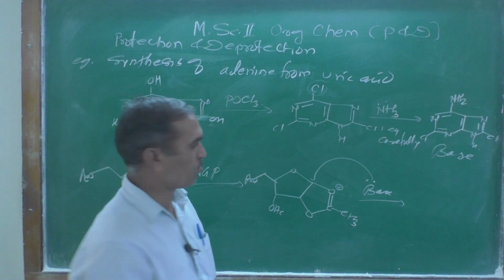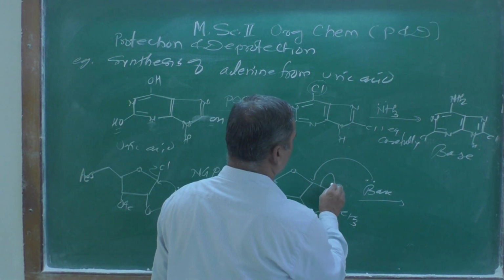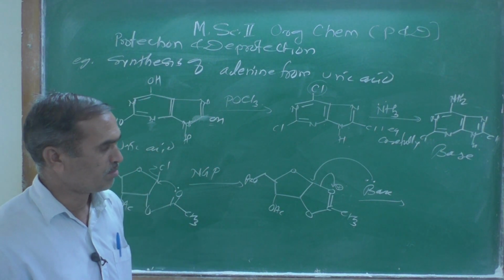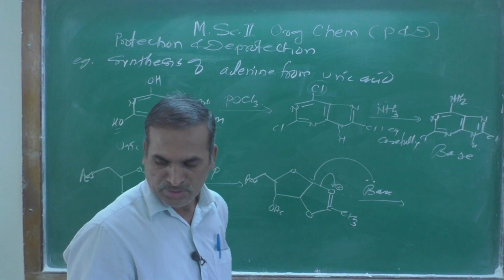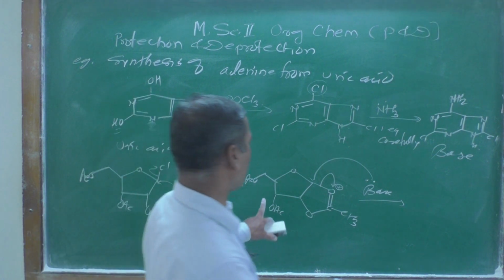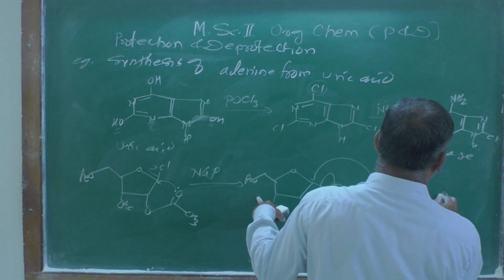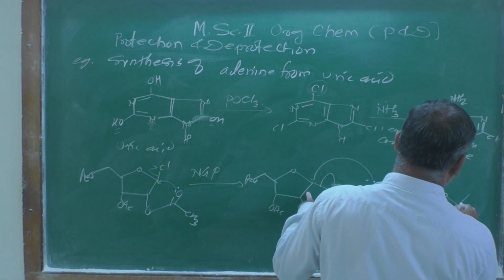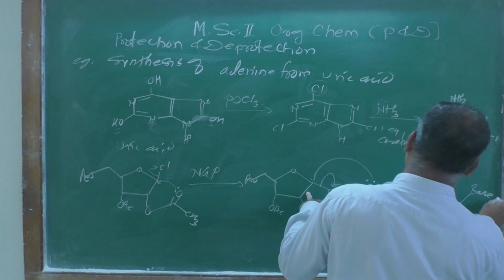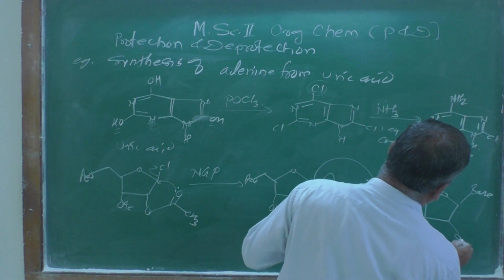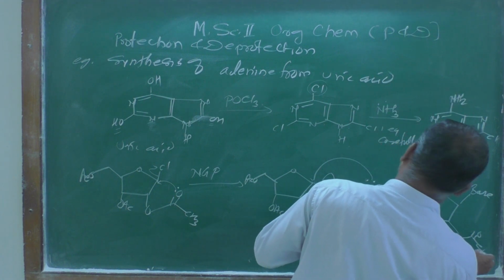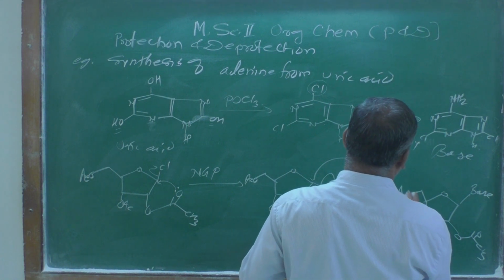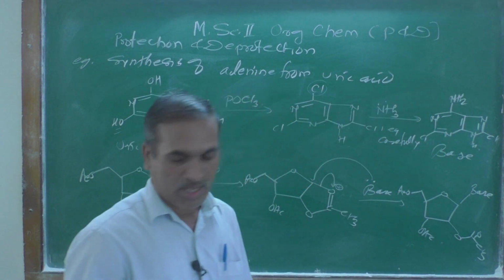The base attacks there, and this bond is cleaved, neutralizing that positive charge, and you are going to get the product, this one. Here the base is coming in, then O, C double bond O, CH3 back, then OAc, and this other OAc remain as they are.